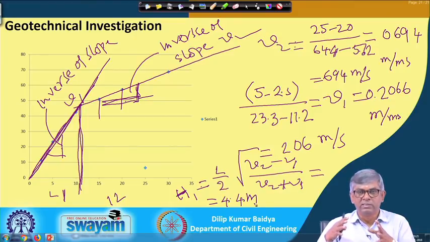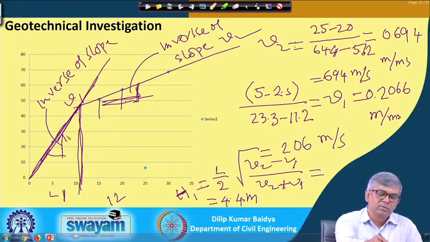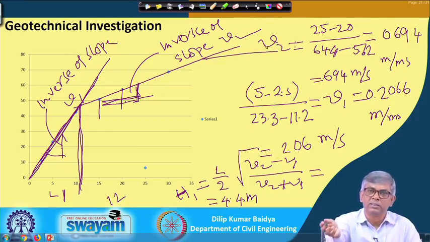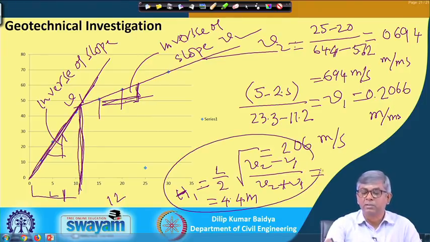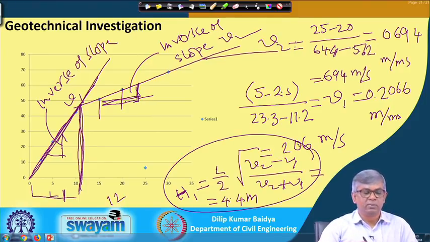The initial bunch is connected by one straight line, and the subsequent bunch by another. The inverse of the slope of the first line will be velocity 1, and of the second line velocity 2. If I get another line, its inverse slope will be velocity 3. I have not discussed this, but where two straight lines intersect, that intersecting point is measured and used for calculating the thickness of the first layer. That is the way one can do the calculation.